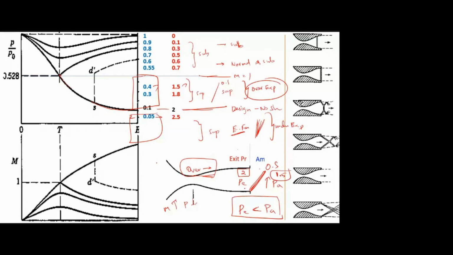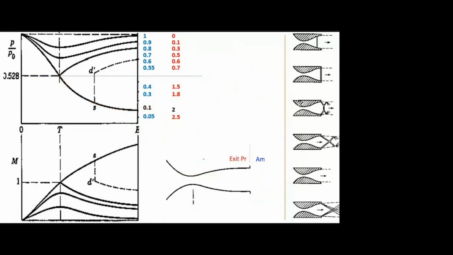So here it is 1.5, here it is 2. So here there is better acceleration, so it should be less pressure compared to the 1.5. Is that clear? Yes, sir. So using either Mach number comparison or the shock wave, you can find the pressure relation. I prefer the shock wave.